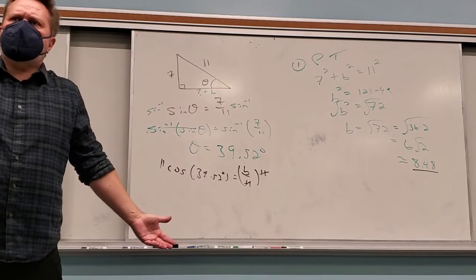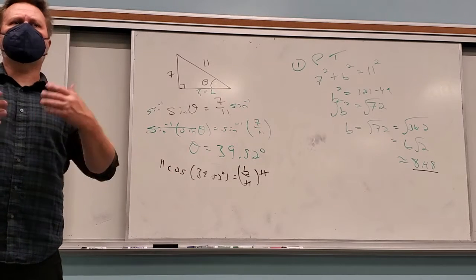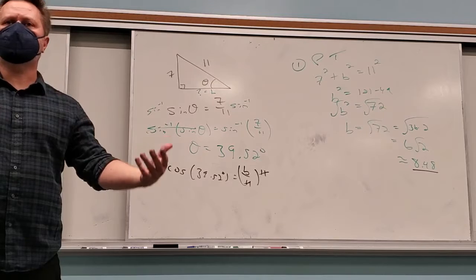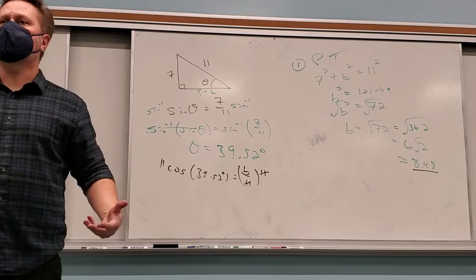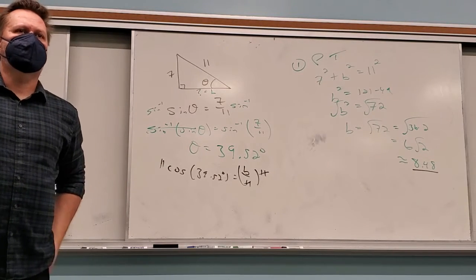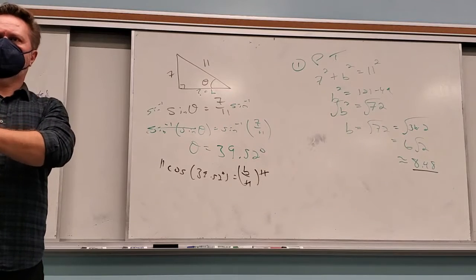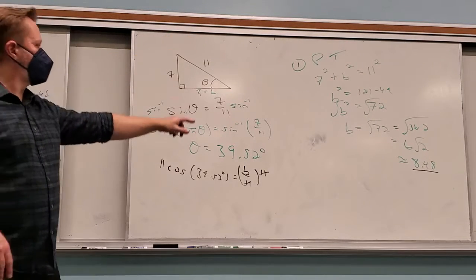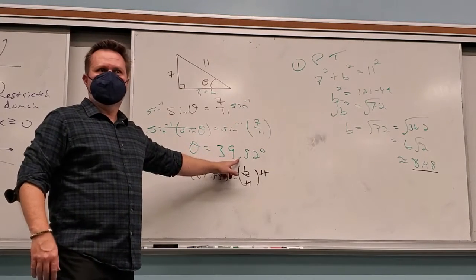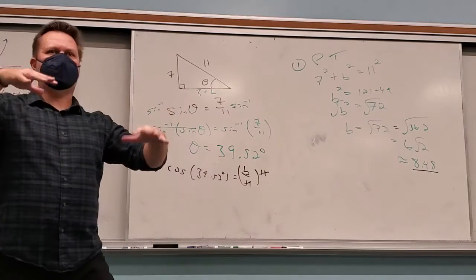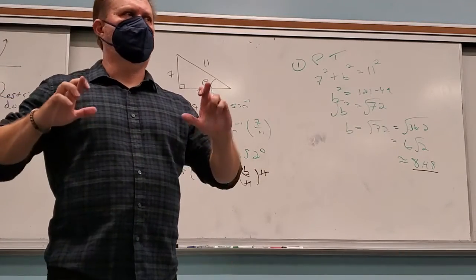It's the same side. So the Pythagorean theorem works, trig functions work. They have to agree because they're both valid. So that's not an amazing thing. You might not have gotten the exact same answer because I rounded this, right? This is rounded, so it's going to be a little off because of that.